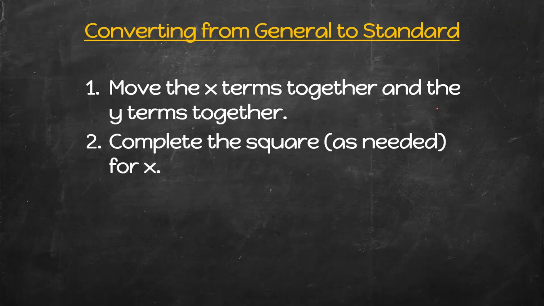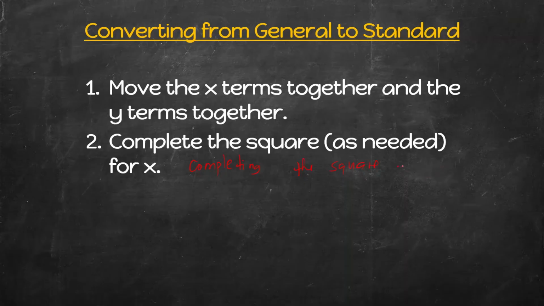Next, we will complete the square as needed for x. So, ang tawag doon ay completing the square. Yung completing the square, ito yung i-complete natin yung binomial for it to be a perfect square trinomial.